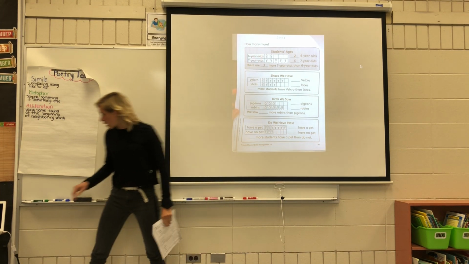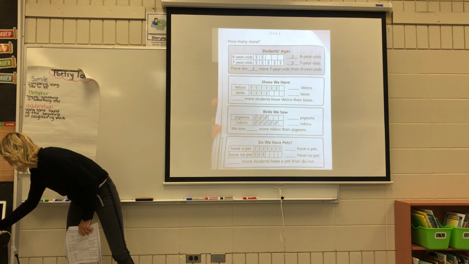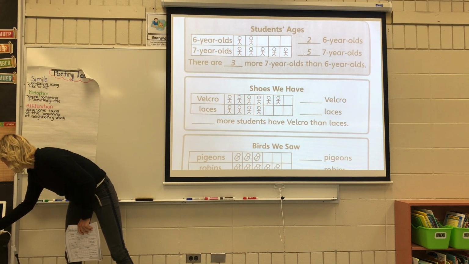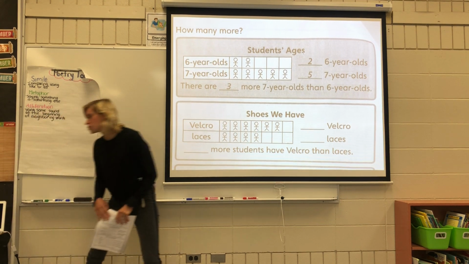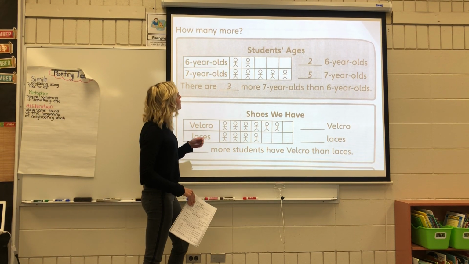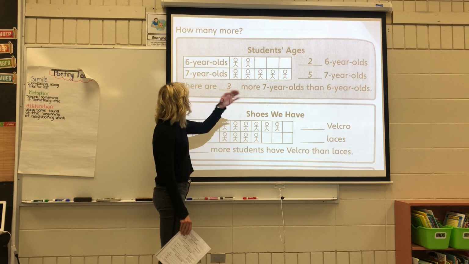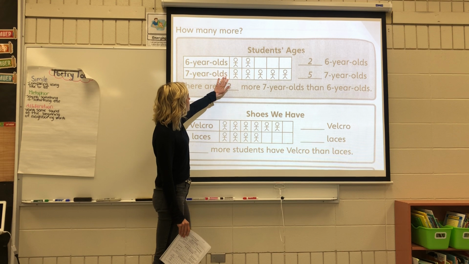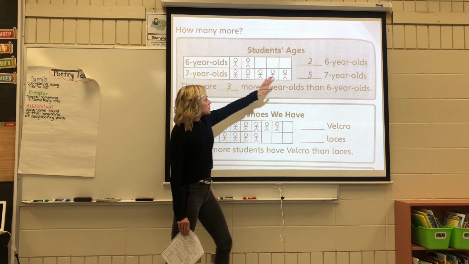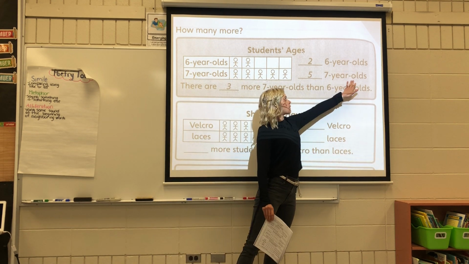So let's just zoom in and we'll do the example together. All right, so student ages. So it's wondering how old everybody in the class is. So student ages, 6-year-olds, 7-year-olds. We can count up, it's wondering how many 6-year-olds and how many 7-year-olds.